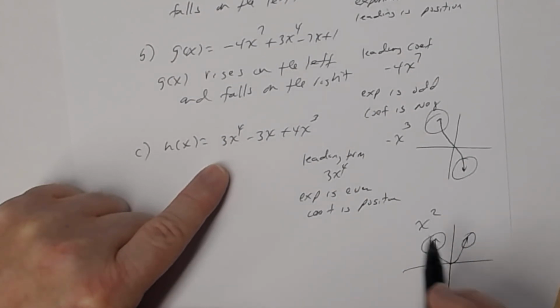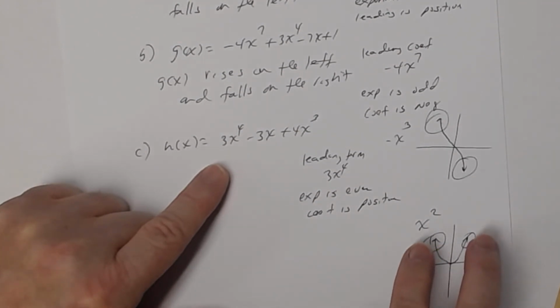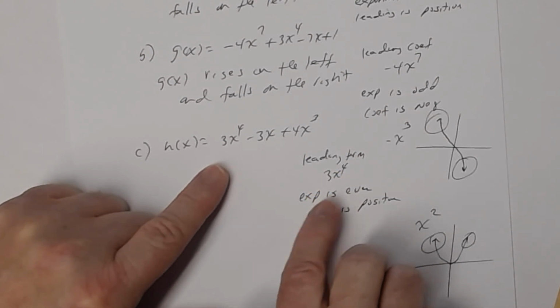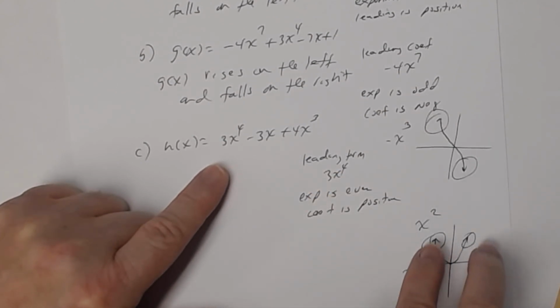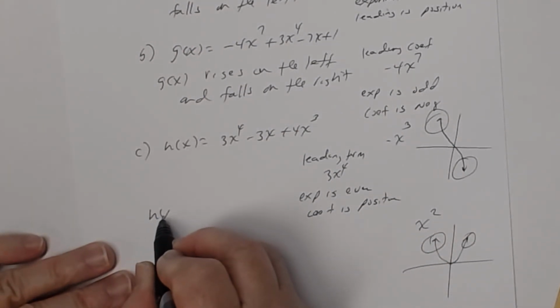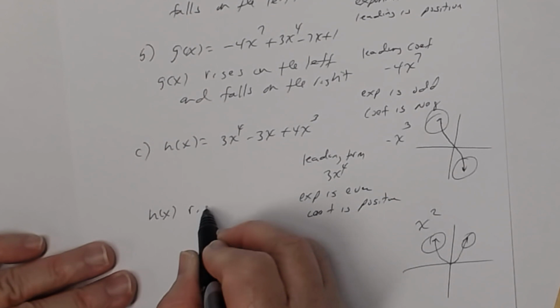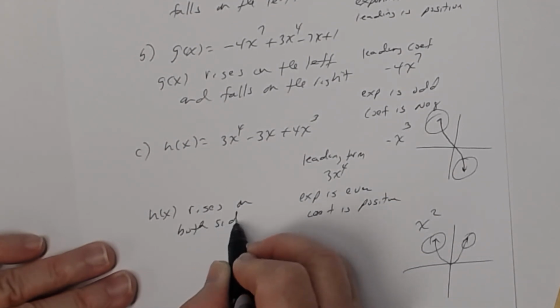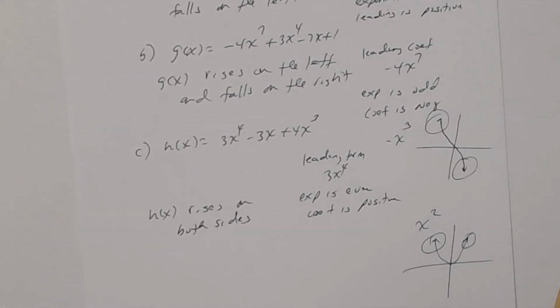Whenever the exponent is even, the end behaviors point in the same direction, and if the coefficient is positive, they both point up. So h of x rises on both sides. That was C.